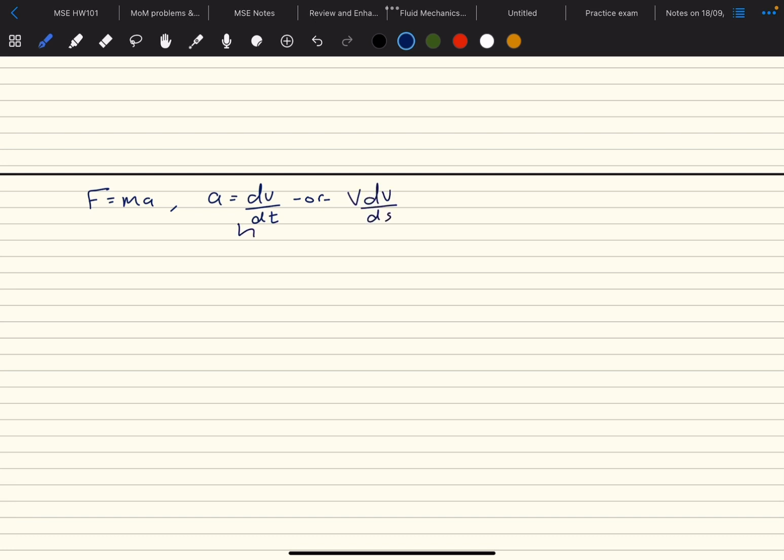So we're going to use these two forms of acceleration to get two forms of kinetic equations. By the end of this, we'd get work is equal to kinetic energy, and impulse is equal to momentum.